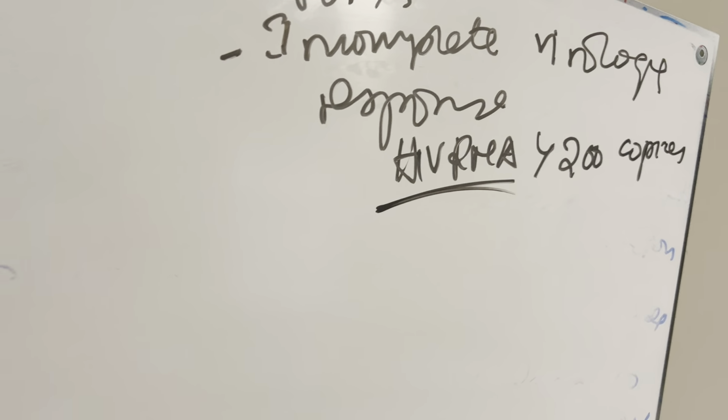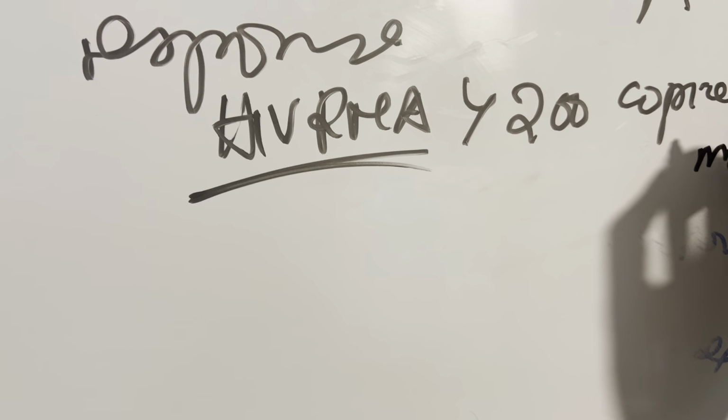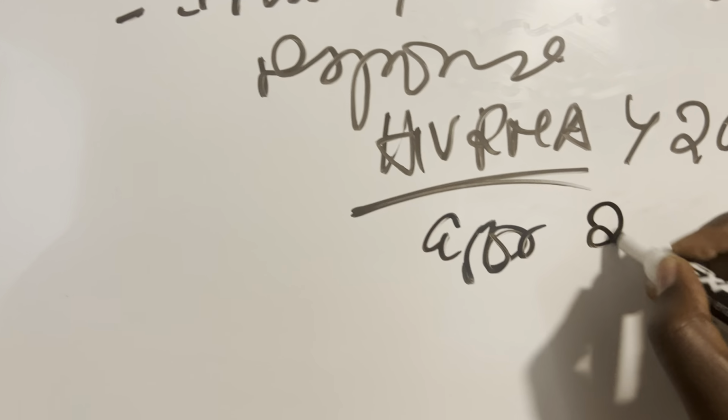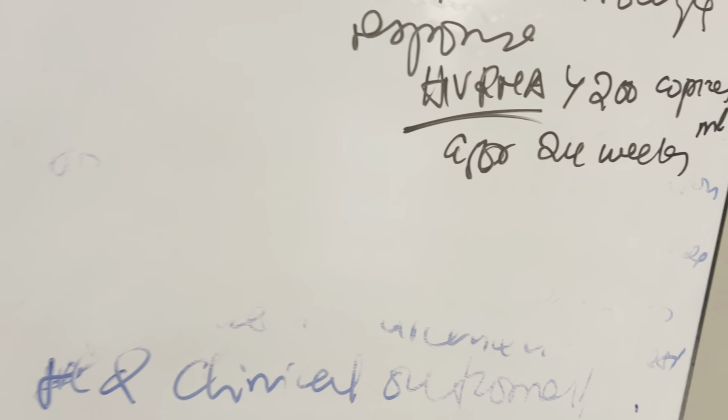The HIV keeps replicating to above 200 copies per mil after 24 weeks. So these are maybe signs that someone may soon start experiencing virological failure.